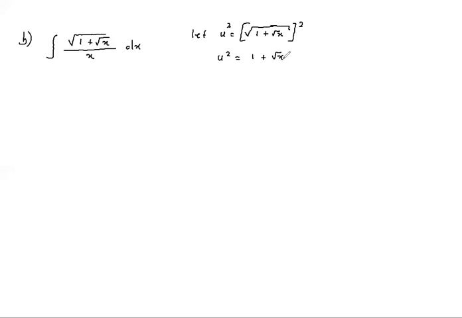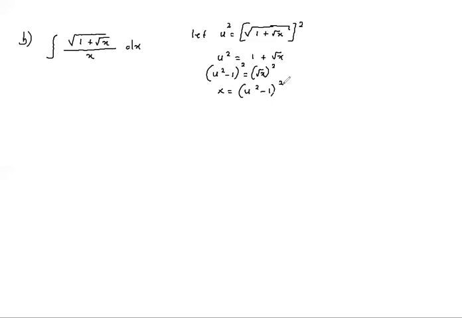Then from there, you take the 1 to the other side so that we have u squared minus 1 equal to root x. So again, we'll have to square, also square, so that x is equal to u squared minus 1, all squared. From there, we now have our x.